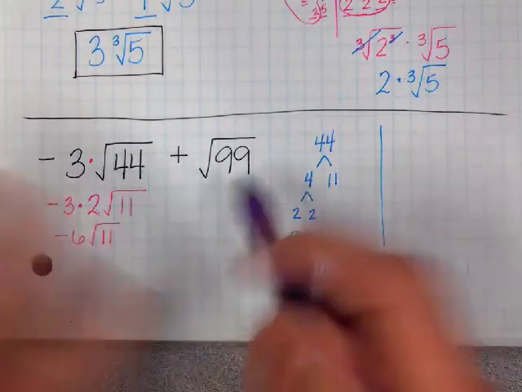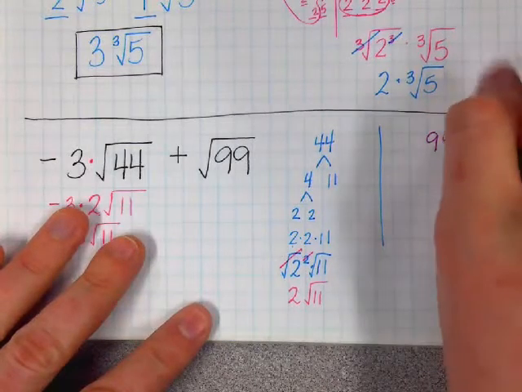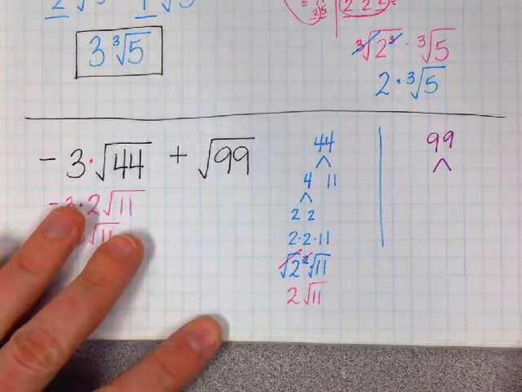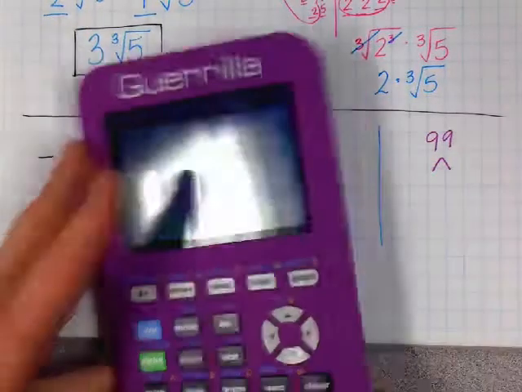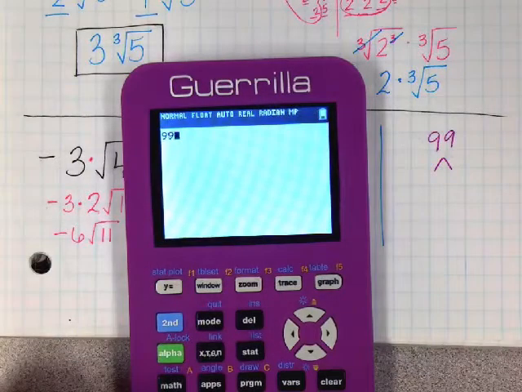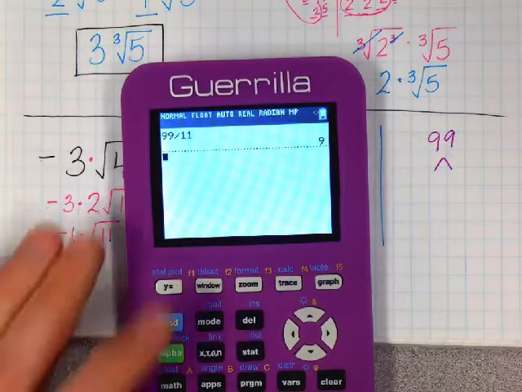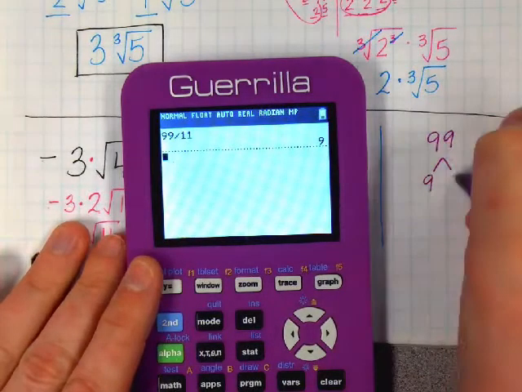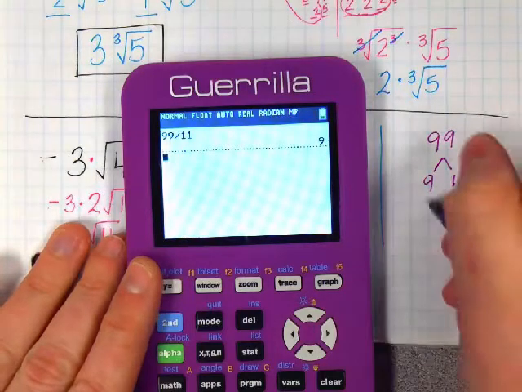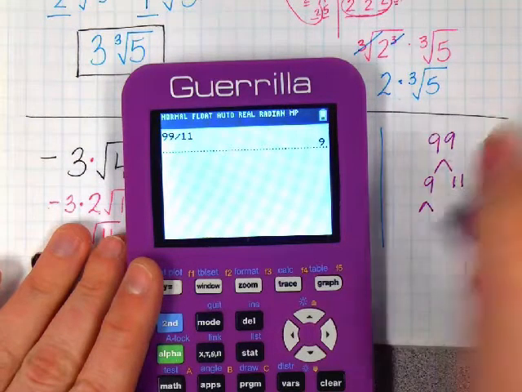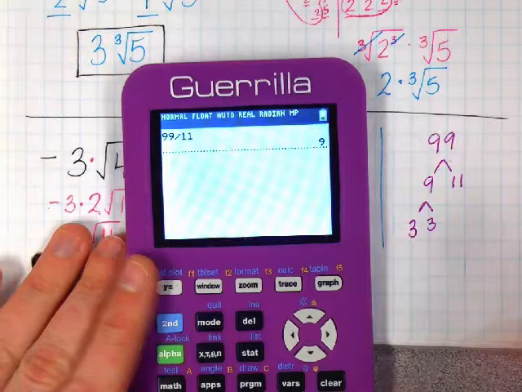Okay, now let's go over here and simplify 99. So we have 99, which can simplify to, again, I said 11's the easiest. So you could do 99 divided by 11, which is 9 and 11. 9 can break down or can be factored as 3 and 3.